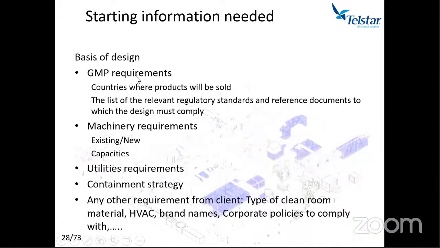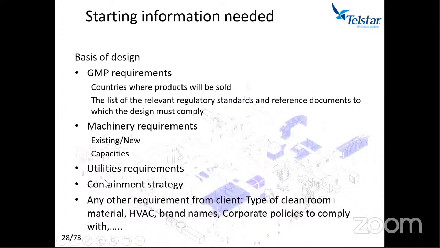As I was mentioning also in the questions to be asked, what are the GMP requirements that we are going to consider? So what are the regulatory standards that we have to comply with so that we take them into consideration? Are we going to be using existing machinery or everything will be new? And what is the needed capacity? This is also something that will be taken into consideration.